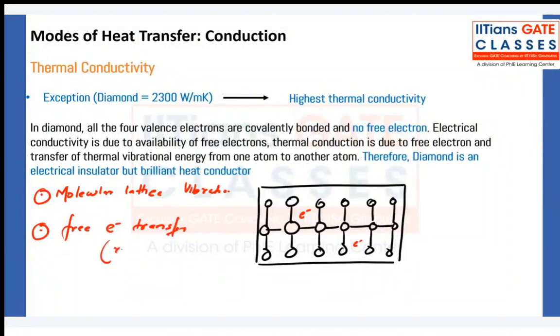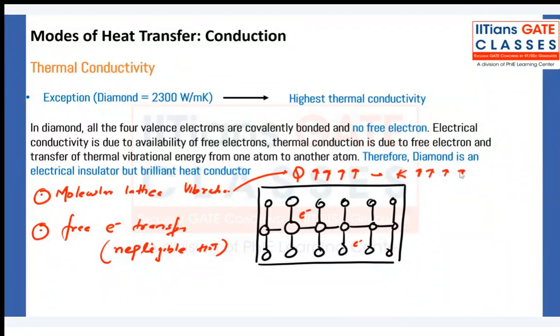But because the molecules are so perfectly arranged, they can transfer heat very quickly. Because of this, heat transfer is very high, and the conductivity of diamond is very high.